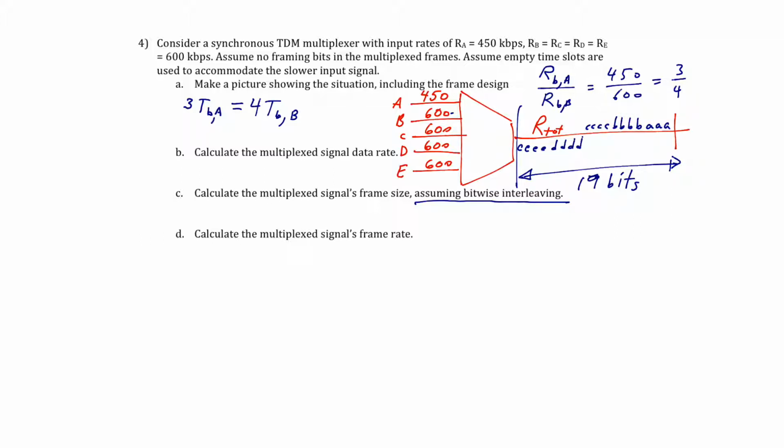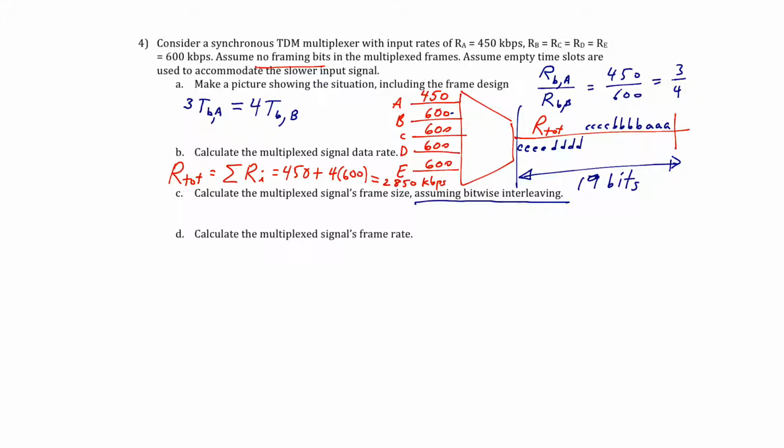Because we have no framing bits, our R total is equal to the sum of the input rates, and it's 450 plus 4 times 600. And this comes out to be 2400, 2850 kilobits per second.